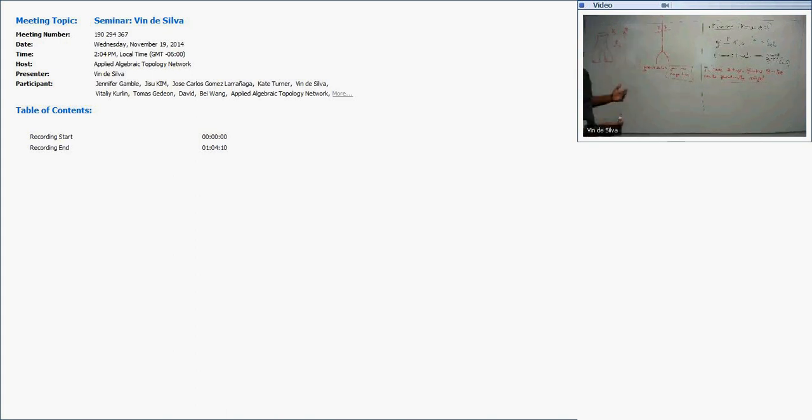Typically, this is a well-known object that has existed for a long time. And the point I wanted to make is that somehow this object corresponds very closely to the degree of functors.